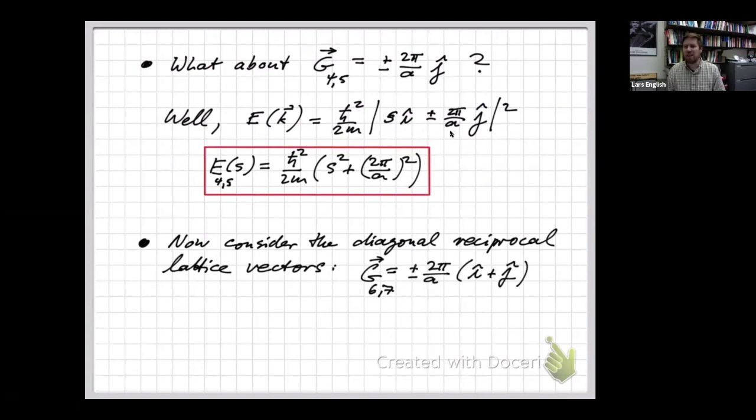What are the next set of reciprocal lattice vectors, g vectors? Well, the ones that are pointing diagonally, right? Those are the vectors that we actually already encountered when we tried to construct the first and second Brillouin zones.